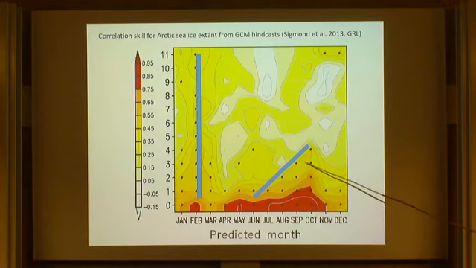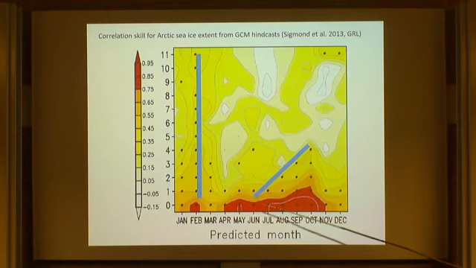The colors represent the correlation skill, and the dots mark where we can make skillful predictions. So we see that for September it is possible in the model world to make predictions up to 4 months ahead. You can see from this plot that it depends a bit on the time when you make predictions.